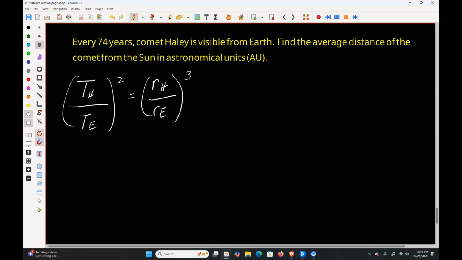Since I'm comparing it to Earth, I can say 74 years over 1 year squared is equal to the radius of Halley to the third power, and Earth is 1 AU.